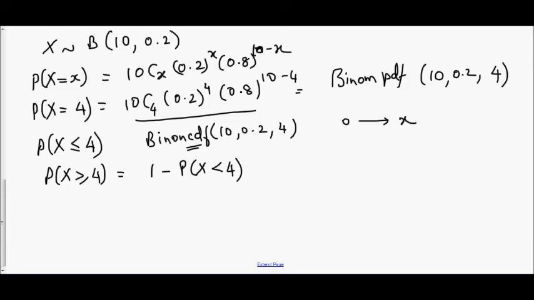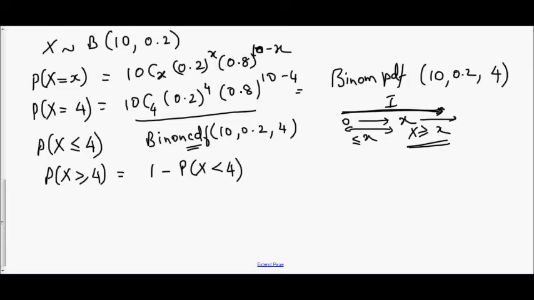So for values more than x, you need to subtract this from the total, which is 1.